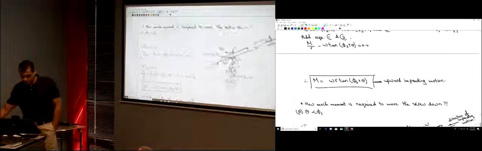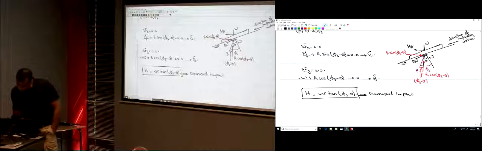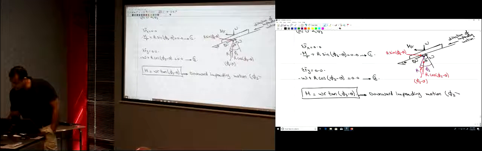Here, this is the formula for downward impending motion with phi s larger than theta.